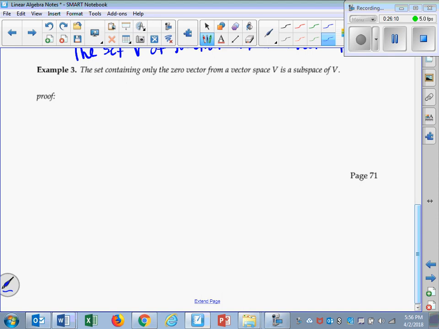So we'll say since V is a vector space, then that property of the vector space means that there has to be a 0 vector. Then there is a 0 vector in the subspace.